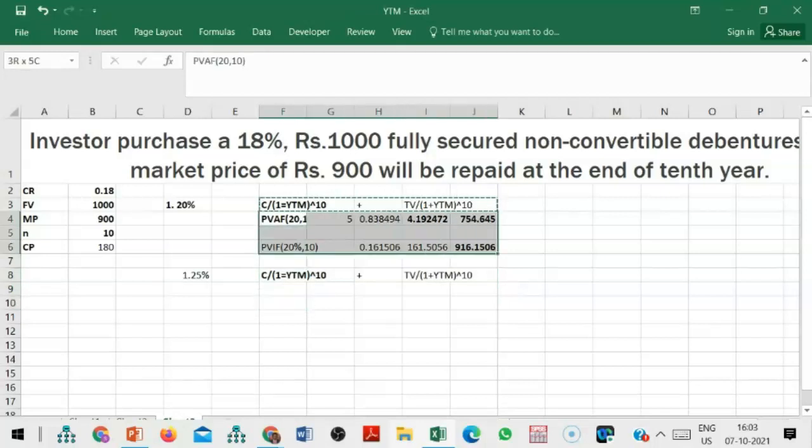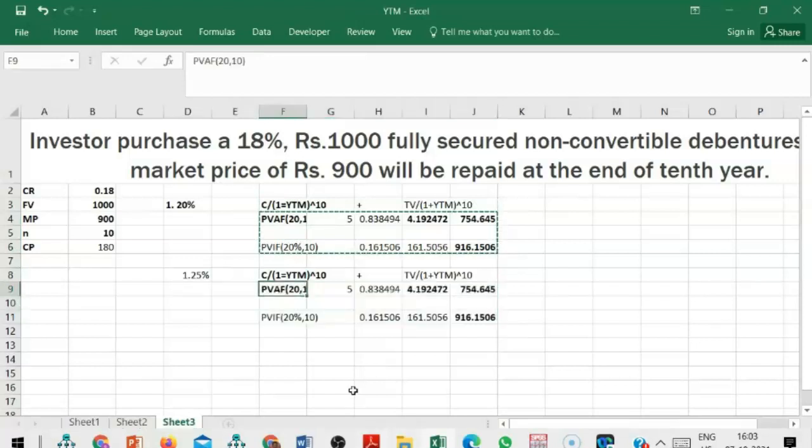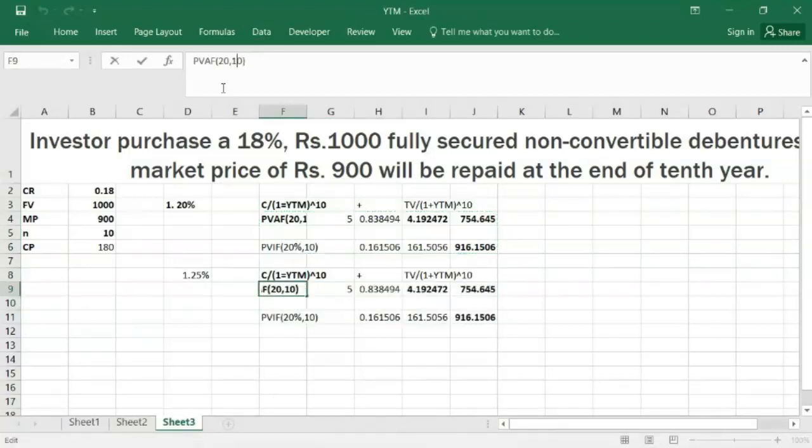Here also I'm going for the same, but I just change the value alone. Here the present value annuity factor for the interest payment is calculated for 25% for the period of 10 years. Here 25% means r is 0.25, and 1 divided by r becomes 4. And 1 minus 1 divided by 1 plus r to the power n, where the rate of interest we have taken as 25%, which is 0.25.